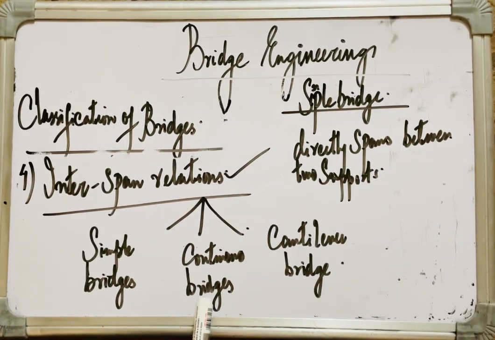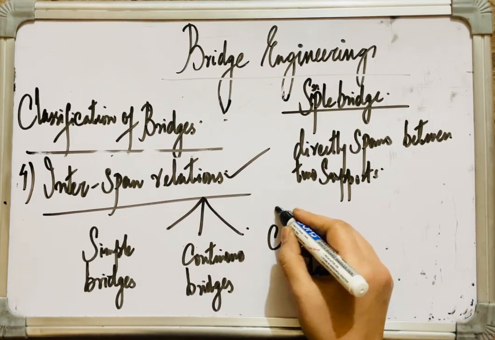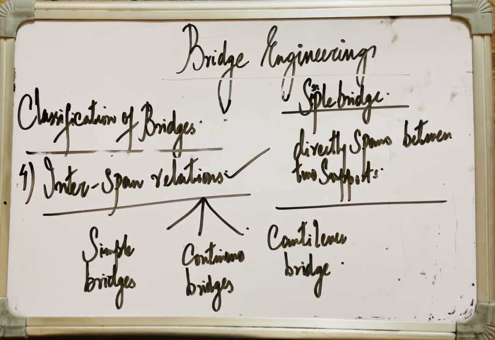A continuous bridge is that type of a bridge wherein along its length we have beams supported continuously, or we can say that multiple spans with continuous support along the bridge.